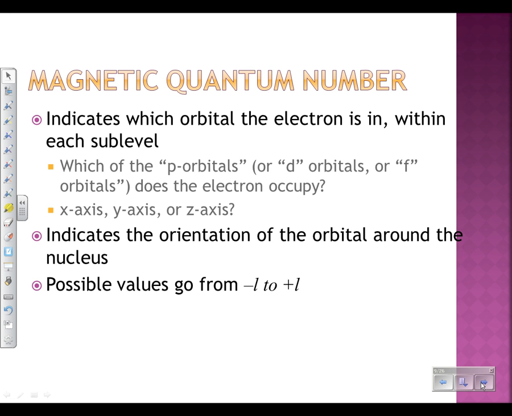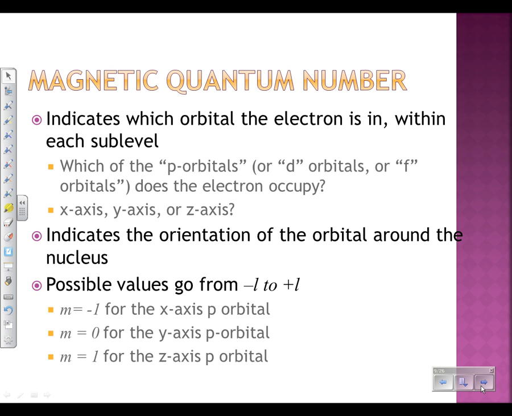How do we distinguish them? We say that the possible values for the magnetic quantum number run from negative L to positive L. Joe, you've been working on this. For the p orbital, what value do we give for L? 1. For these values, negative L to positive L, that means it can run from negative 1 to 0 to positive 1. So how many p orbitals can there be? 3.